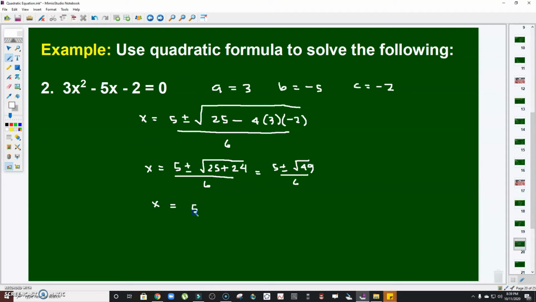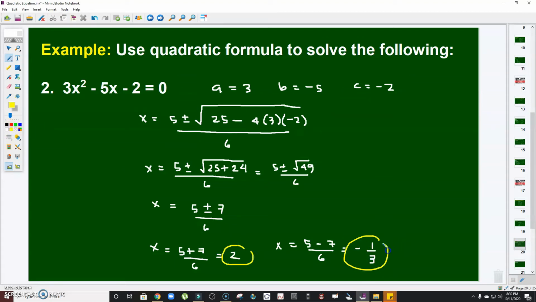So therefore, we have 5 plus minus 7 all over 6. So the values of x here are 5 plus 7 over 6, which is 12 over 6 or 2. Then the other one, 5 minus 7 over 6, and 5 minus 7 is negative 2 over 6. That's negative 1 over 3. So there are two values of x: 2 and negative 1/3.